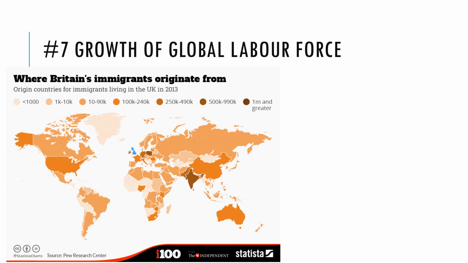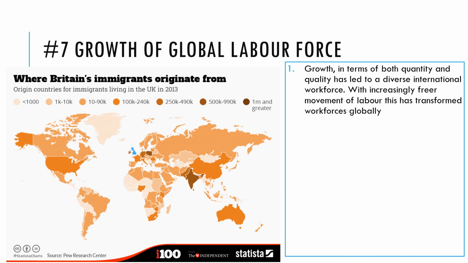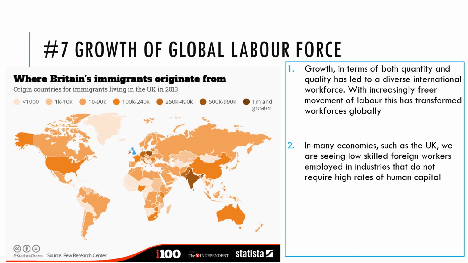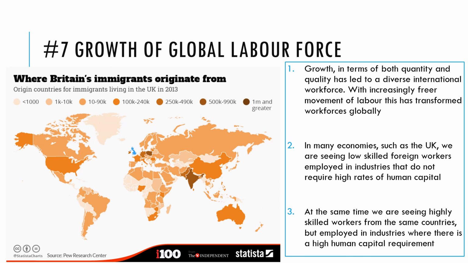And we would describe now that in many situations businesses are looking to hire not just from one particular country, but can hire staff from around the world. So the quantity and quality of the workforce has caused many companies to have quite diverse international workforces. Again, it can apply to low-skilled workers entering industries and also high-skilled workers entering industries.